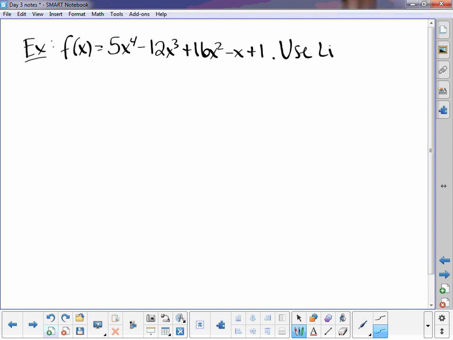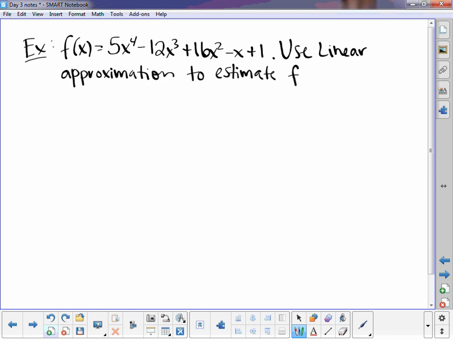Alright, so use linear approximation or linearization to estimate f of 1.01.